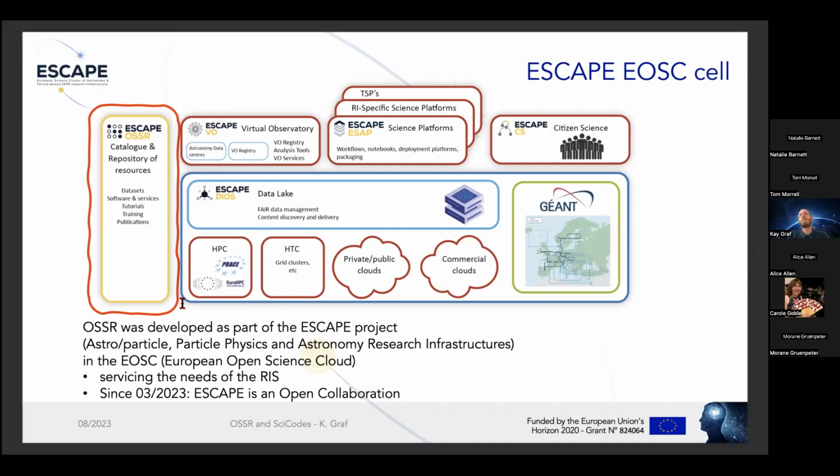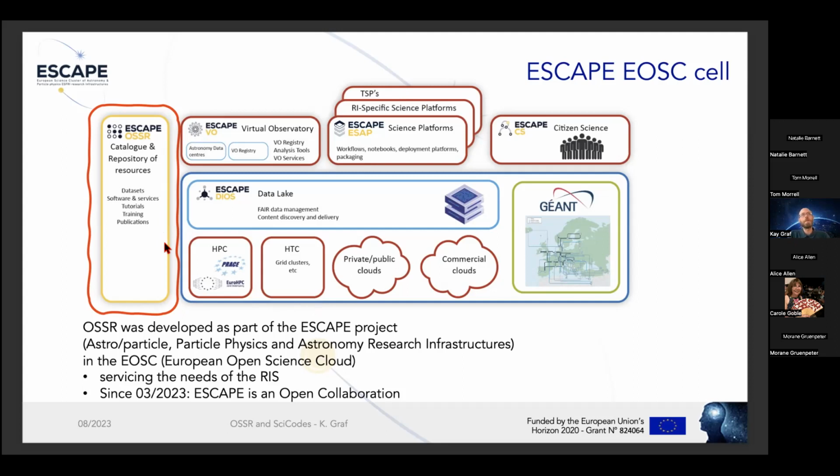And the ESCAPE project stems from the astroparticle, particle physics, and astronomy research infrastructures. The big research infrastructures came together and built their own system, according to the needs of those RIs.